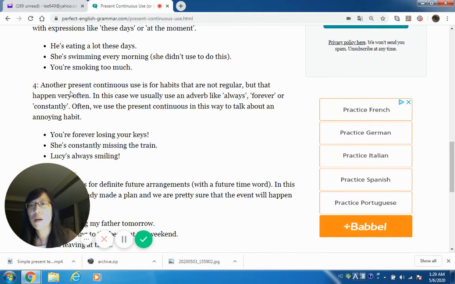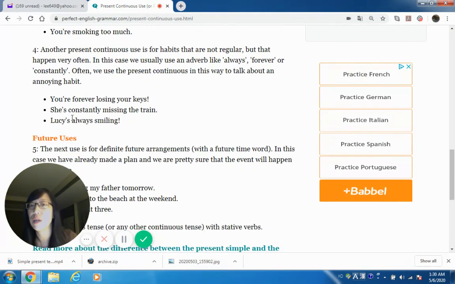Number 4 case. Another use of the present continuous is for habits that are not regular, but that happen very often. In this case, we usually use an adverb like always, forever, or constantly. Often we use the present continuous in this way to talk about an annoying habit. Annoying, that's the keyword. You're forever losing your keys.